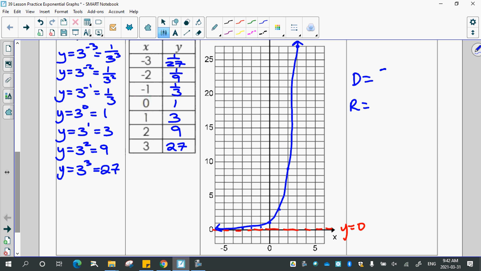It should be the same. So the domain is just all real numbers. And the range is again all real numbers as long as y is strictly greater than 0. Okay? So that's another parent.